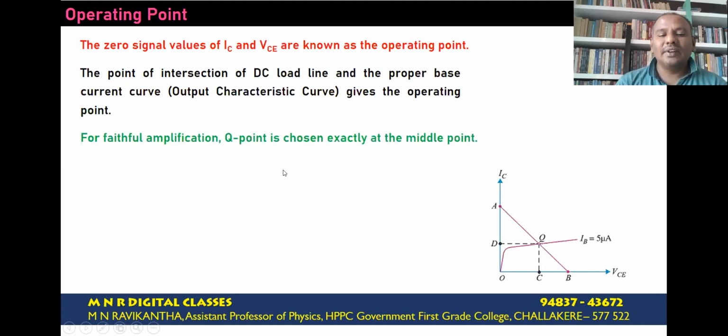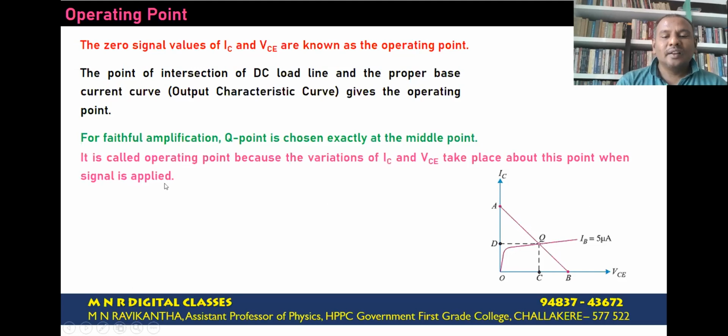For the sake of convenience, to achieve faithful amplification, the Q point is always chosen exactly at the midpoint of the load line. This type is called midpoint biasing. This point Q is called the operating point because any variations of IC and VCE take place about this point when the signal is applied.